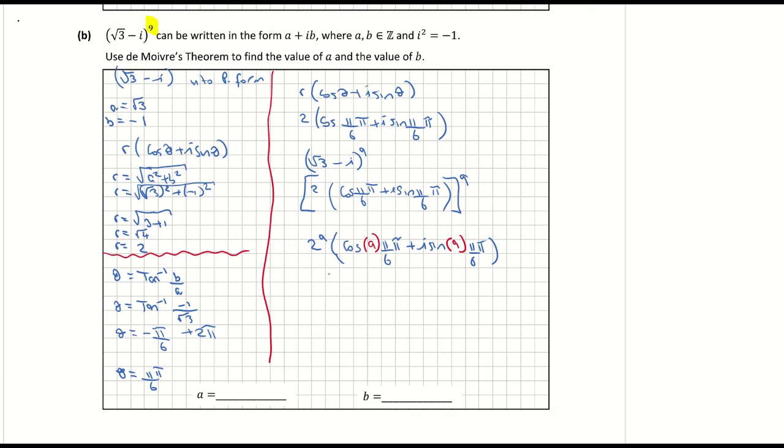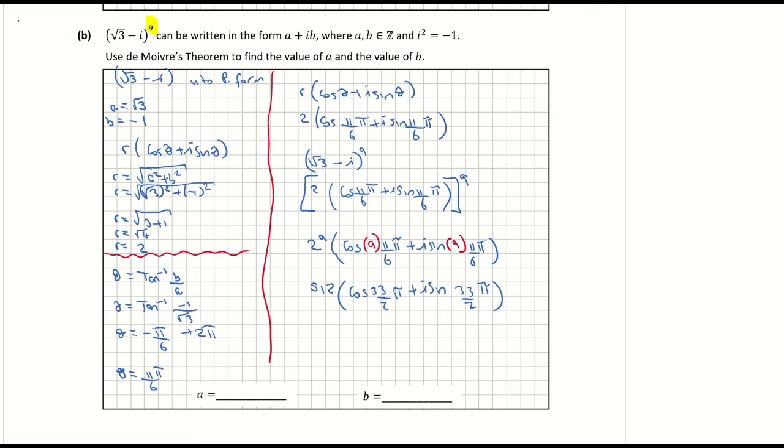And 2 to the power of 9 is giving me 512 times cos of 33 over 2 pi. So when I multiply 11 over 6 by 9, plus i sine 33 over 2 pi.